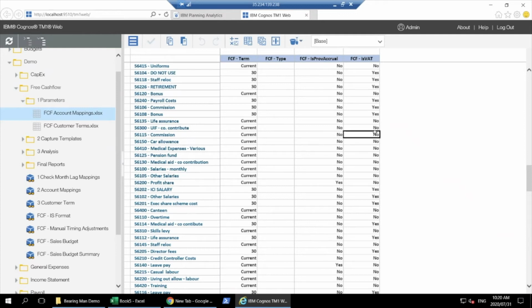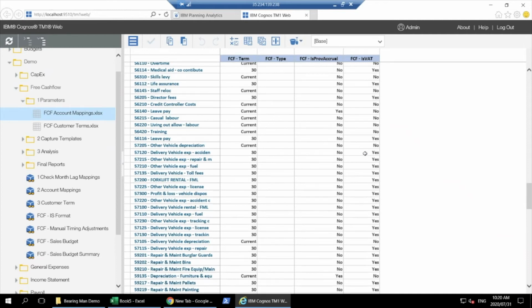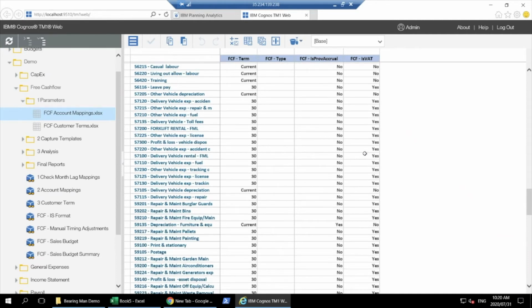We can also indicate whether an account is VATable or not. And obviously VAT is going to have a big impact in terms of moving your income statement into a cash flow statement. So we're going to look at the inflows from VAT collecting on our revenue.